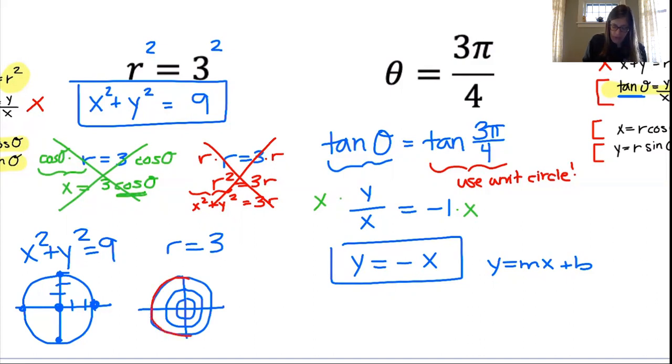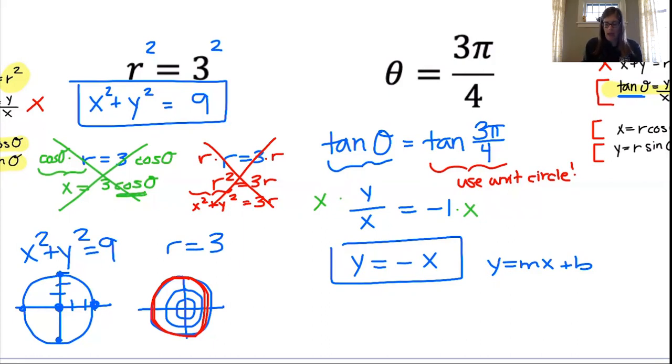And we don't know what theta is, like for graphing a point. We just know that r is 3, so it could be any of the points on that third ring, and you will graph a circle with a radius of 3. So it's the same graph, just in a different system.